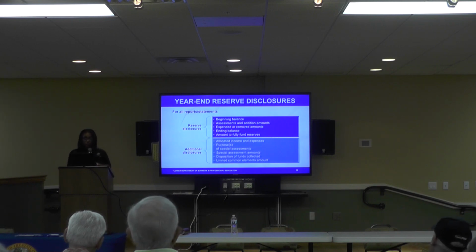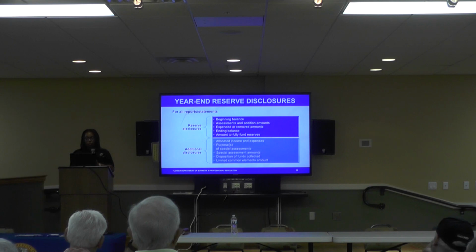Reserve disclosures for each reserve account must include the beginning balance, the amount of assessments and additions, the amount expended or removed, the ending balance, and the amount of annual funding required to fully fund each reserve.